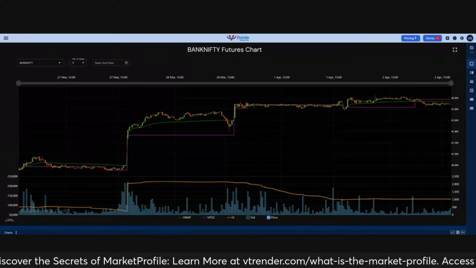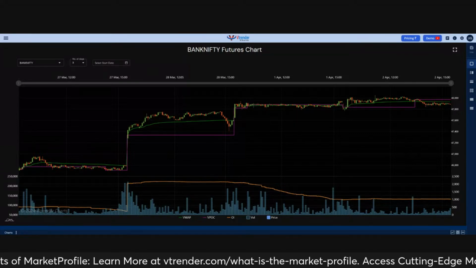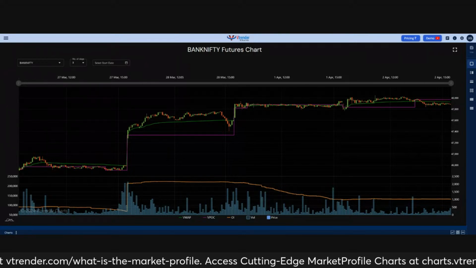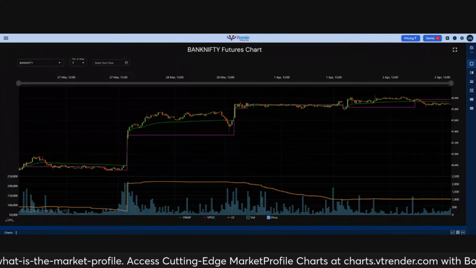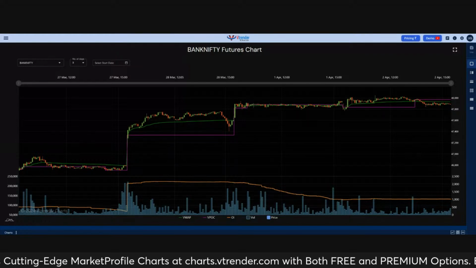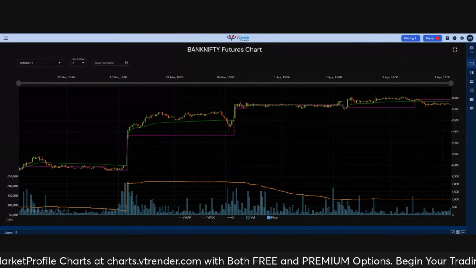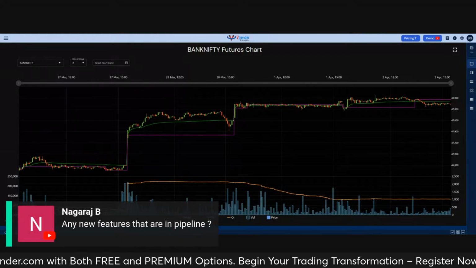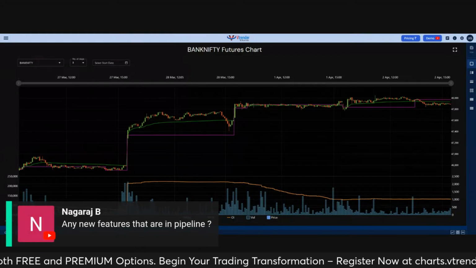Even in the order flow charts, a lot of features have been added. Ultimately, we need to make use of these features, or whatever we see on the charts, to make money. So that is the aim. We need to make sure that we are following a process.